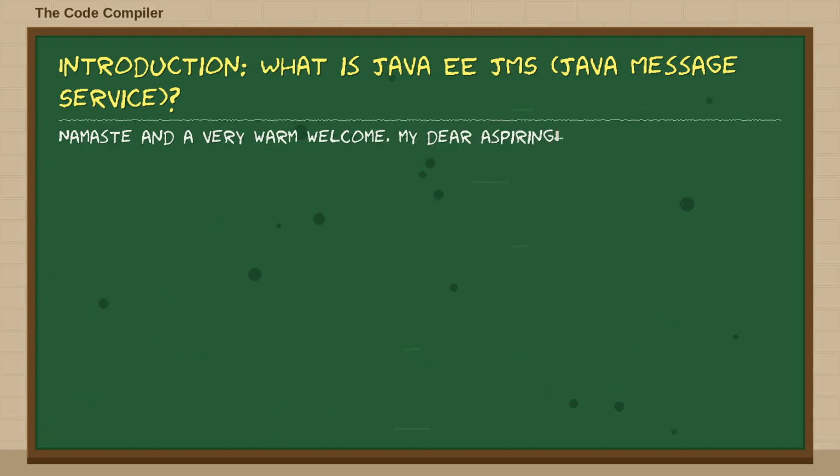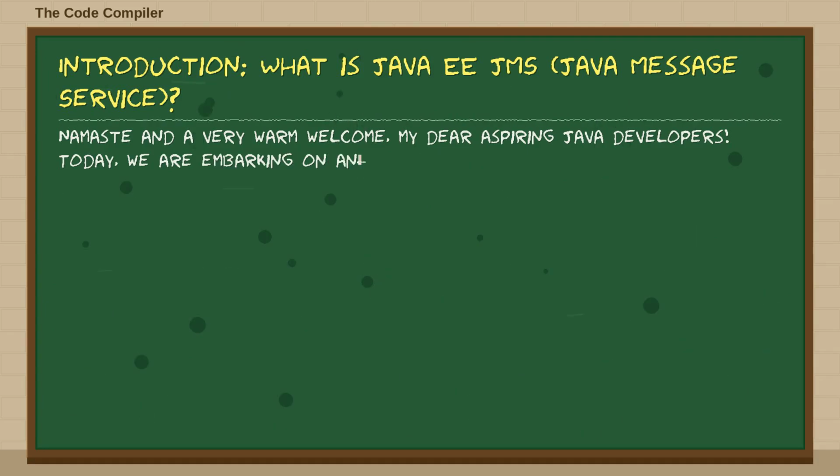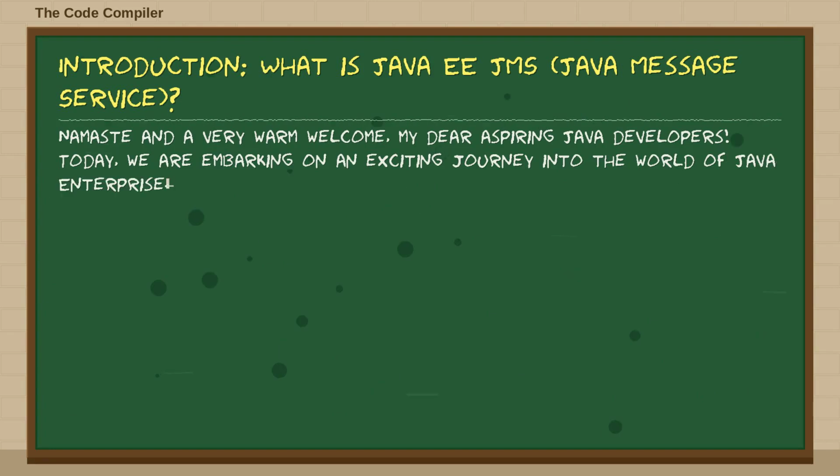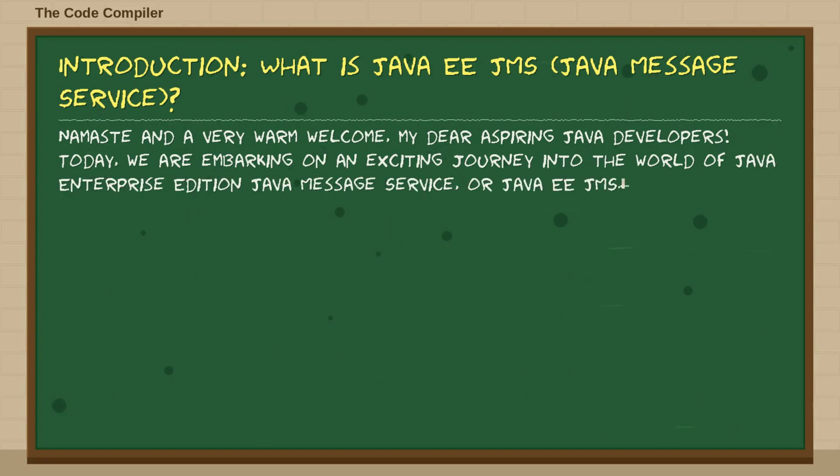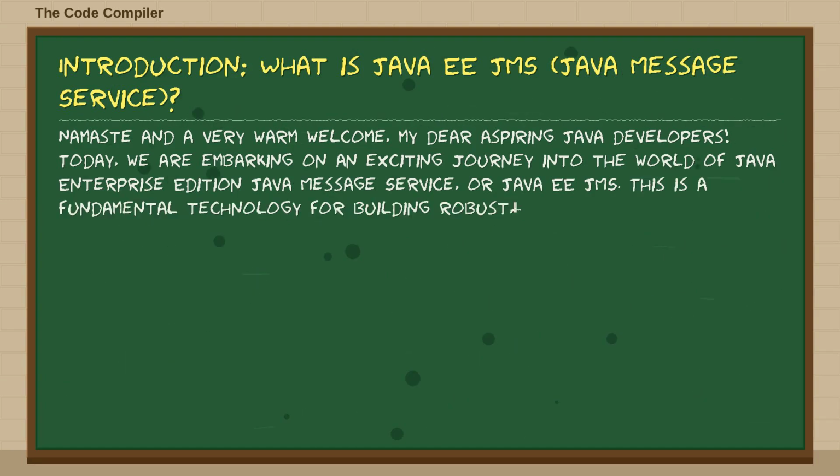Today, we are embarking on an exciting journey into the world of Java Enterprise Edition Java Message Service, or Java EE JMS. This is a fundamental technology for building robust, scalable, and distributed enterprise applications.